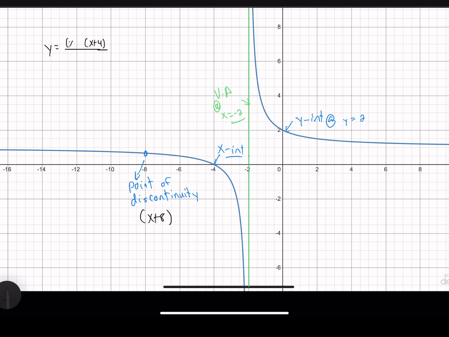So I can put x plus 8 on both the numerator and the denominator. Now there's a vertical asymptote at x minus 2. And vertical asymptotes are the values which make the denominator equal 0. So that means I can also put x plus 2 in the denominator.